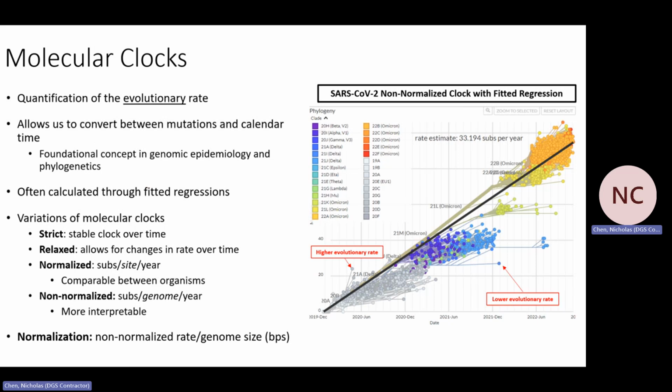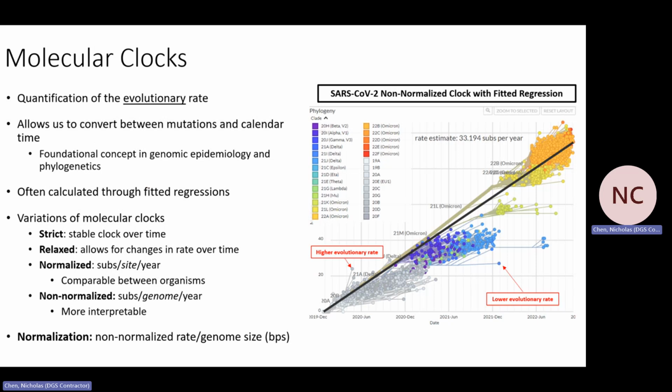This process of quantifying the evolutionary rate is so important because it allows us to convert measurable mutations into calendar time. For instance, if we know that an organism mutates at a rate of 12 SNPs per year, we can expect to see approximately a 12 SNP difference between 2 samples taken a year apart.